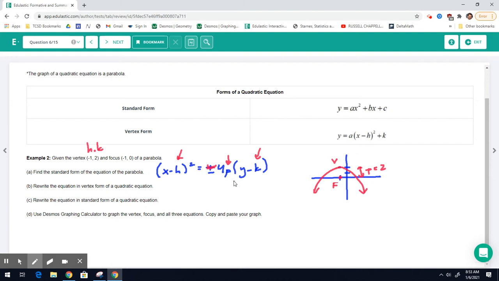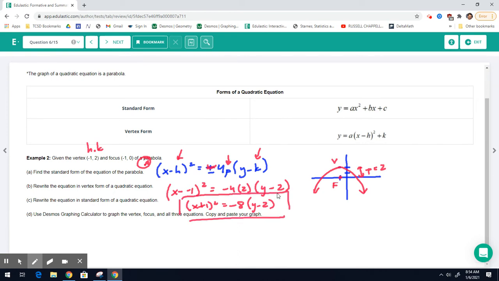Now we plug in and simplify what we can, so this is all part of part A. So (x minus -1) squared equals -4 times 2 times (y minus 2). Change your double signs, so that's going to be (x plus 1) squared equals, simplify that out, -8 times (y minus 2). And there is your answer for part A.